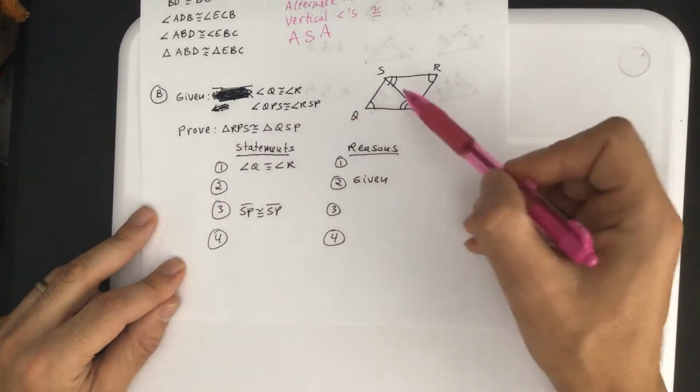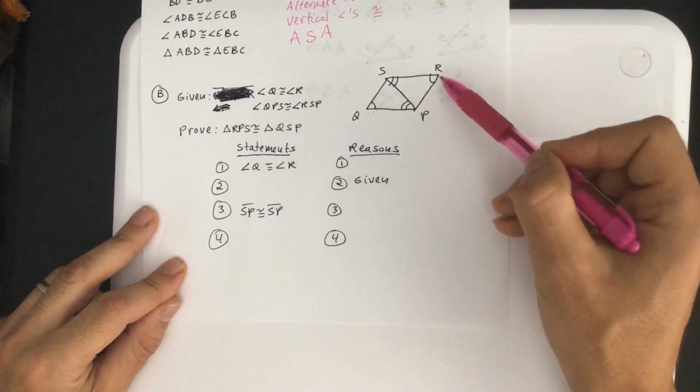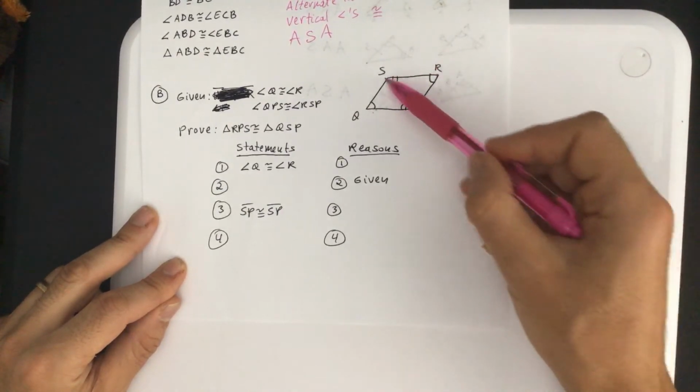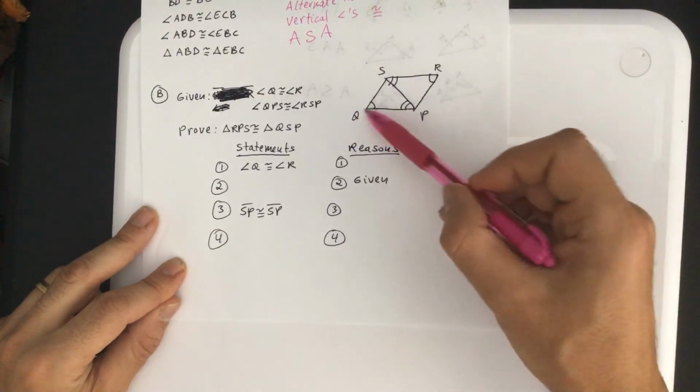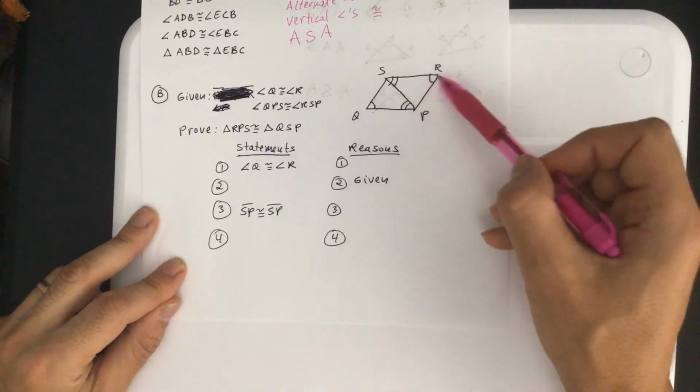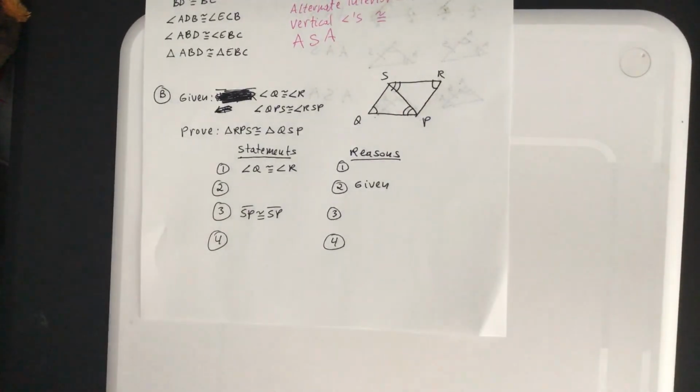Prove that triangle RPS, this triangle, is congruent to triangle QSP. So we're talking about these two triangles. Pause the video, see if you're able to answer and finish the proof.